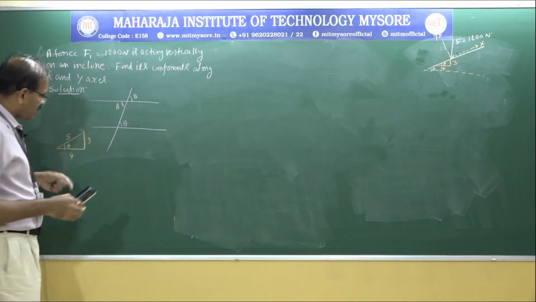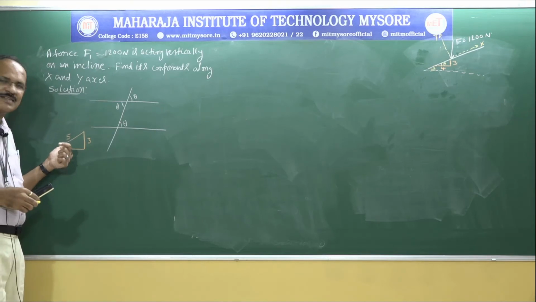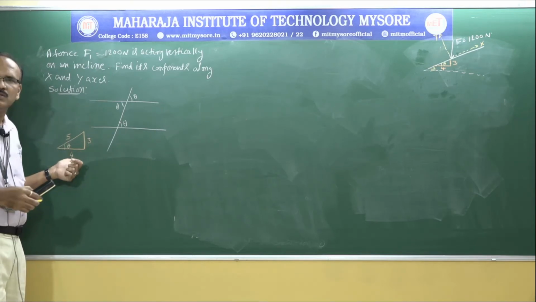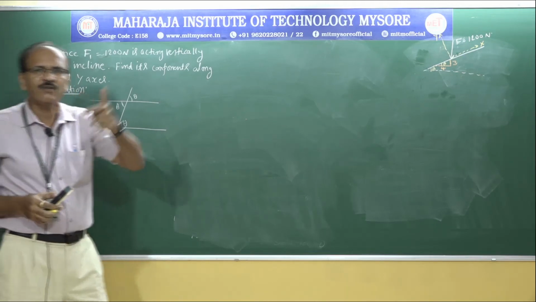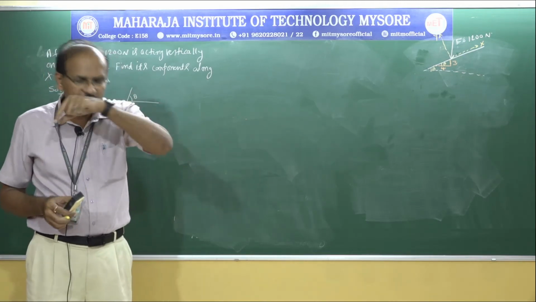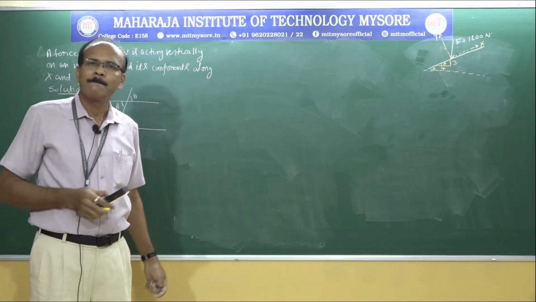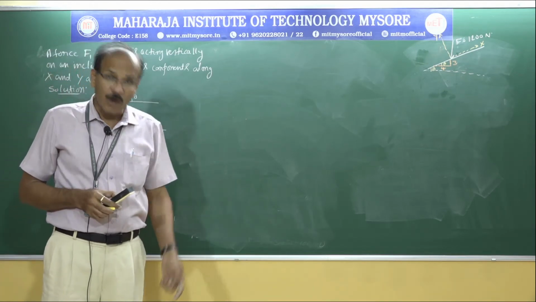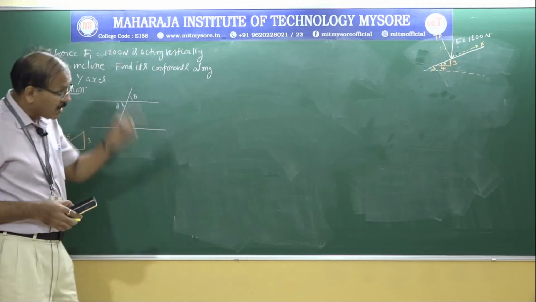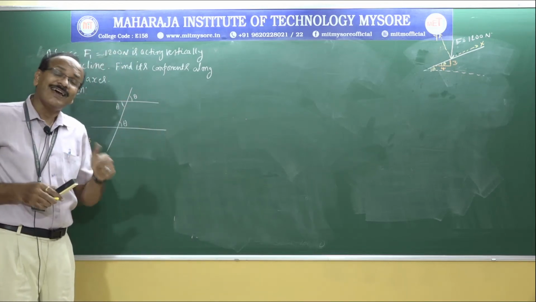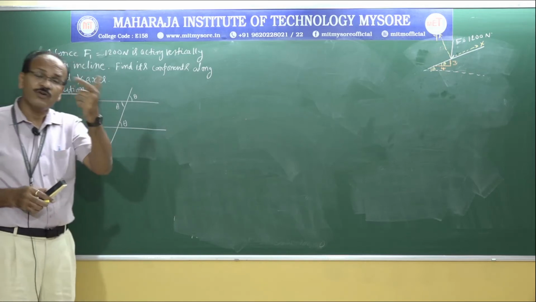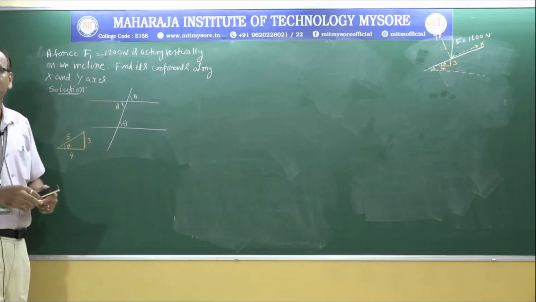Once we know this, we can find out theta. Tan theta equals 3 by 4, that is 0.75. Therefore theta, if you find out using a calculator, you are going to get 36.87 degree. Or, because we are using only sin theta and cos theta, you can directly find them from this triangle.